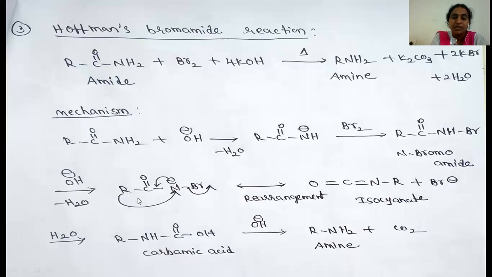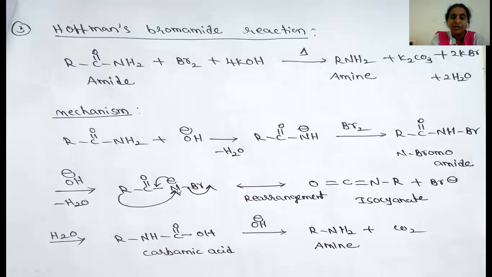Now this compound undergoes rearrangement. Here the nitrogen, which has one minus charge, has a lone pair of electrons. It donates its electrons to this bond. Simultaneously this R group, along with its bonding electrons, shifts towards the nitrogen, and simultaneously Br is eliminated as Br minus.